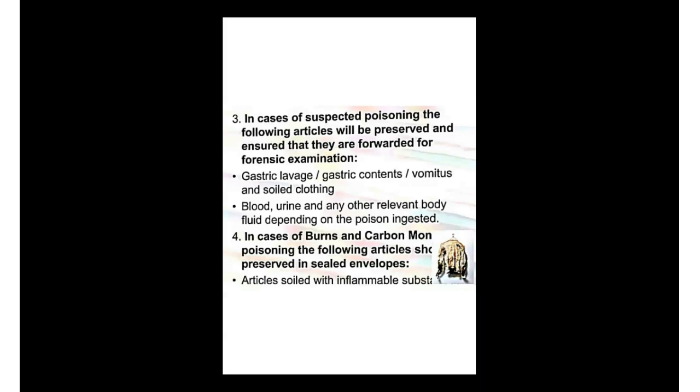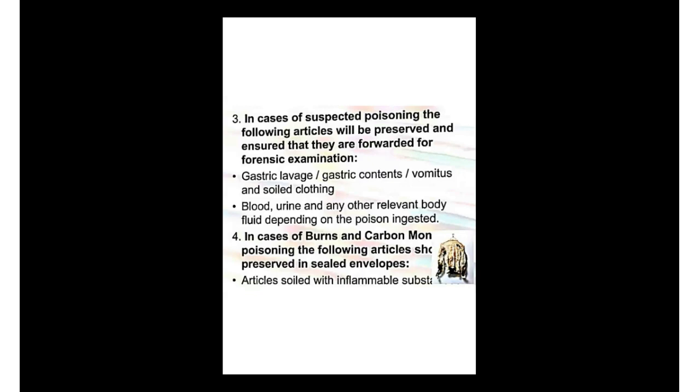Okay, so we will collect it in a bottle or a particular container, and send it for further examination to the forensic department, and they will check what kind of poison was given, by what source, through which it was mixed into the food or whatever method, and from where he consumed it. So that becomes the evidence part.